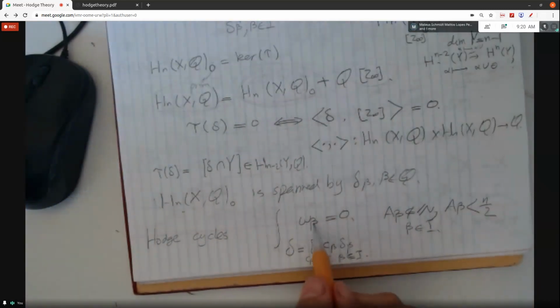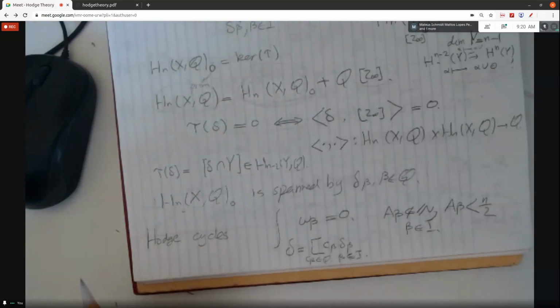So at the end, we have this concrete definition of Hodge cycle, and remember that we have already computed these integrals.